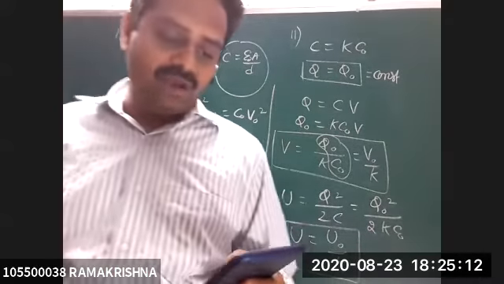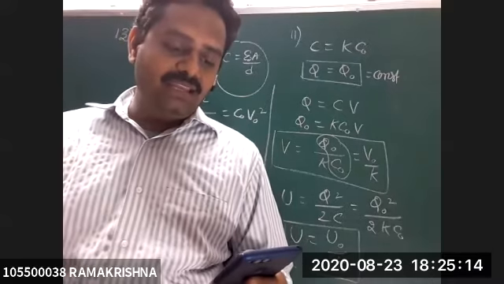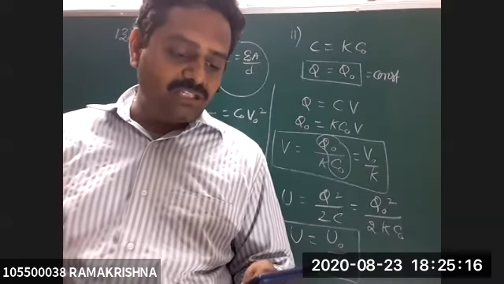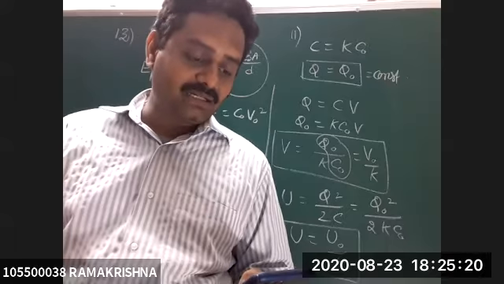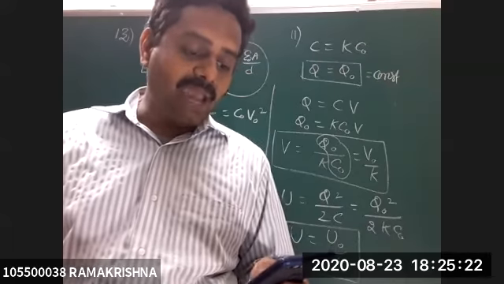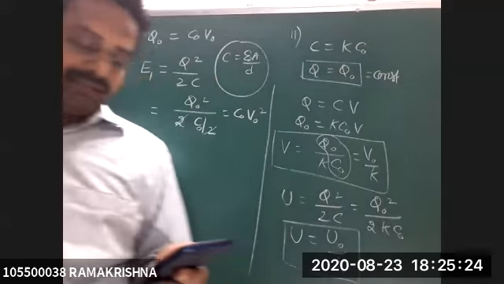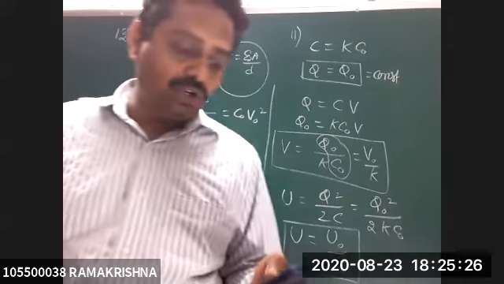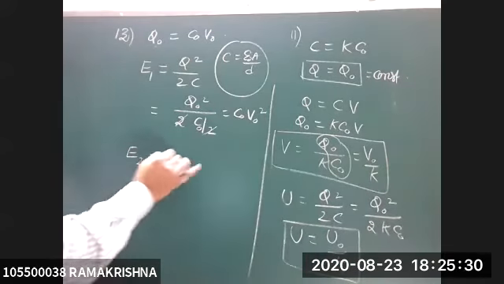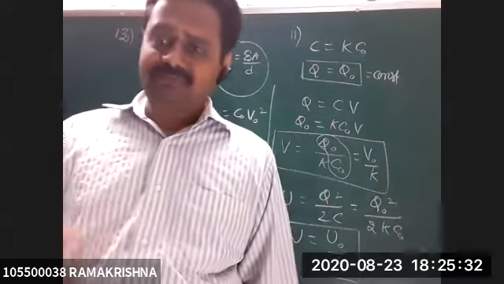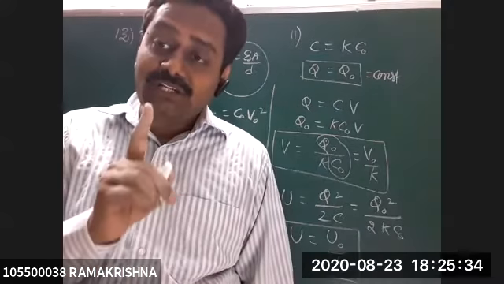Now, what is the second task? The energy stored in the capacitor when the charging battery is kept connected and the separation between the capacitor plates is doubled is E2, right? So E2 is equal to, when the battery is kept connected, its potential is constant.